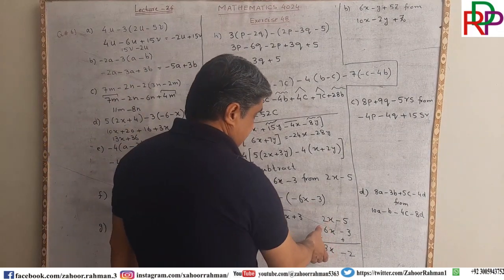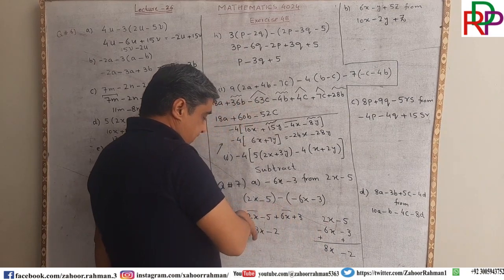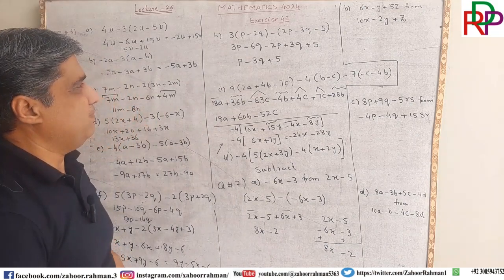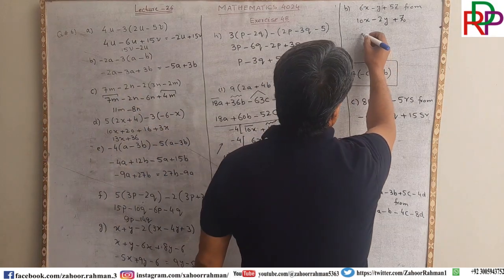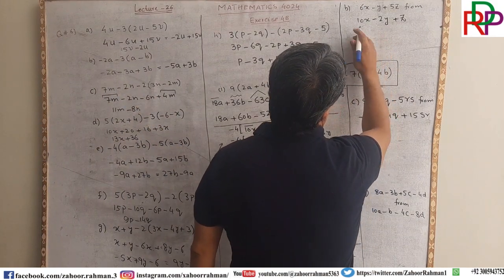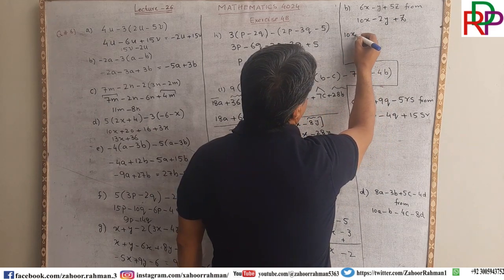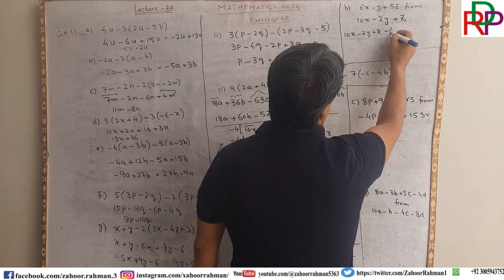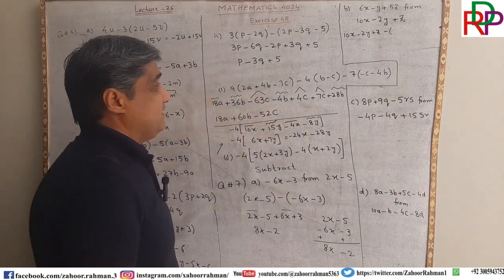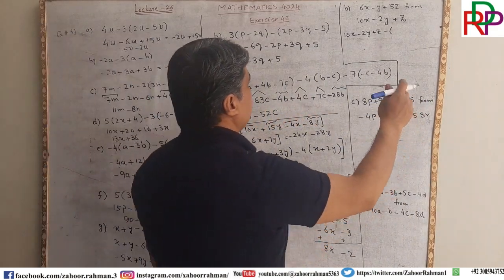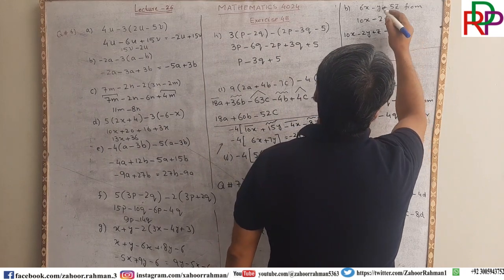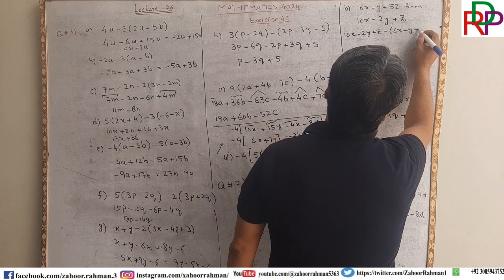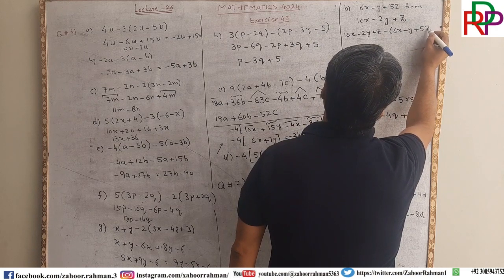Ladies and gentlemen, in your book they are doing it like this, but if you are doing it like this, no problem. First of all, I have to write 10x minus 2y plus z, and then minus, it must be written in the bracket, the second portion, 6x minus y plus 5z.